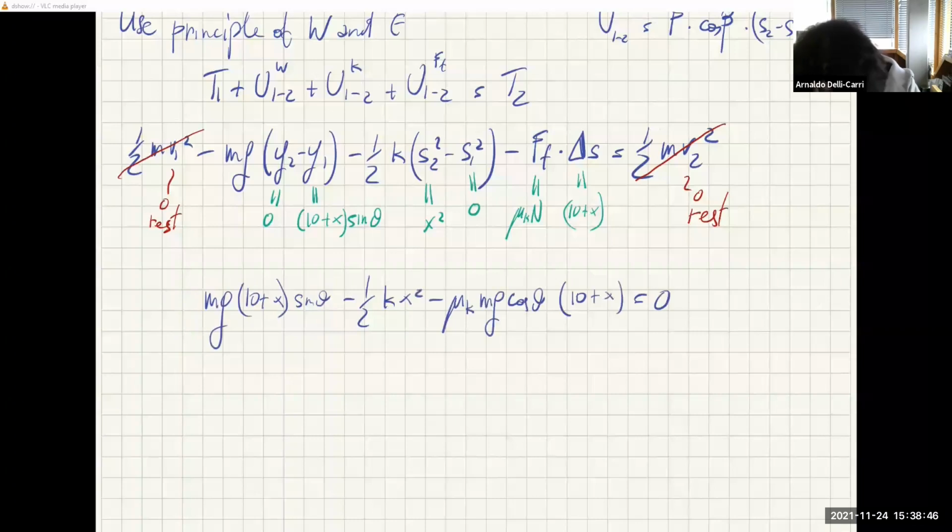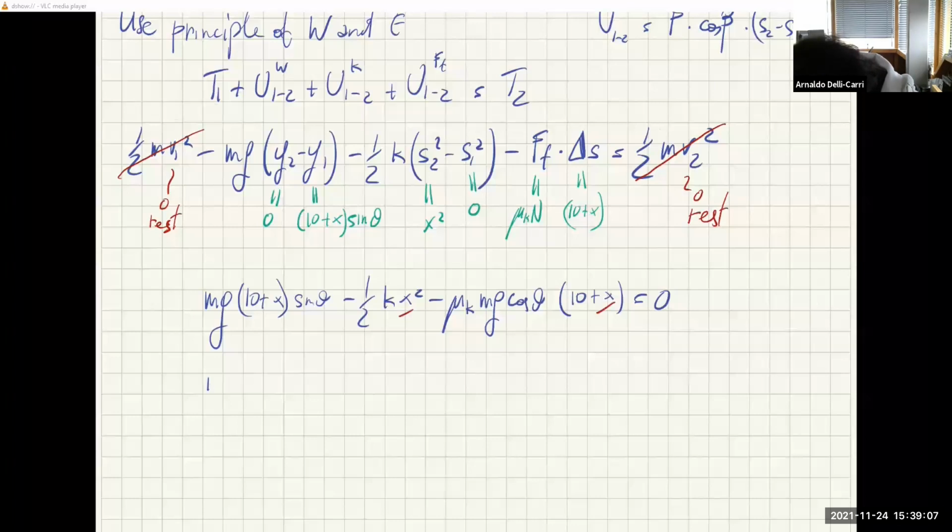This one is the final thing. Our unknown is x. Of course, we want to know how much is the stretch. And this x is the x that comes from a quadratic equation. So let's rearrange this to look like a quadratic equation.